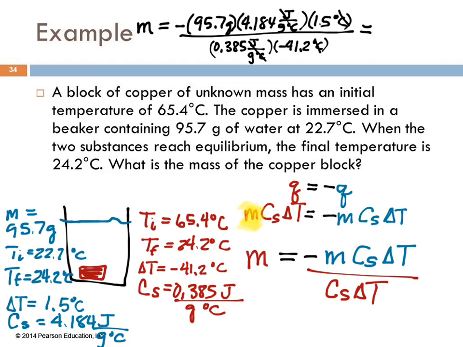So how many sig figs should that have? What about this guy? 2. When we said this was a very small temperature change, it was measured to the nearest tenth of a degree, but there were only 2 significant figures. So this can only have 2, and so we're going to end up with 38 grams as the mass.